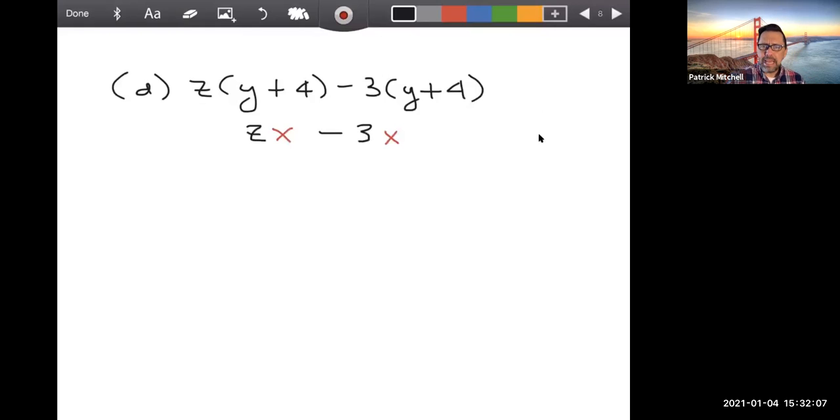The GCF would be x, right? And then the other factor that's left would be z minus 3, right? Well, this is basically the same problem. It's just that we have y plus 4 standing in for x.